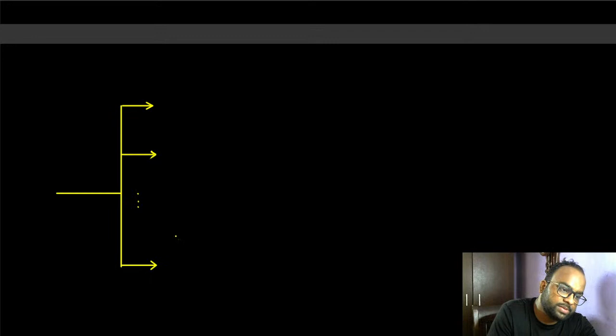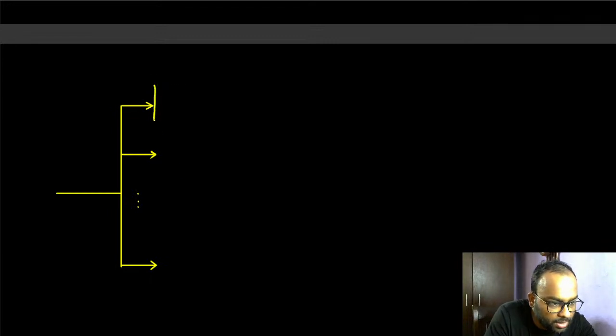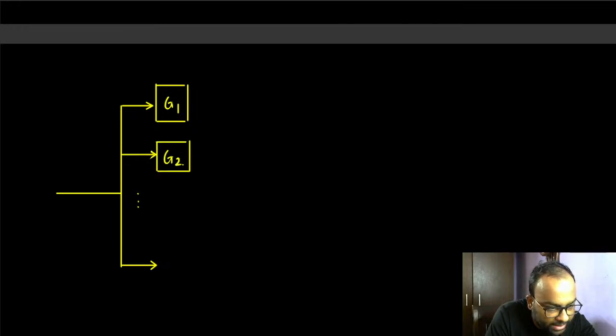Say we have n number of systems in parallel, and the first one has a transfer function of g1, the second one has a transfer function of say g2, and so on and so forth, and the nth one has a transfer function of gn, let's say.